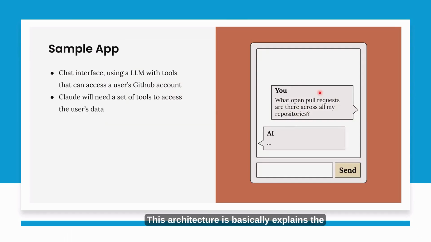Now let's take an example which explains the value, and let's try applying this MCP setup to a practical use case. Let's say you have a cloud-based application and you're building a chat interface where users can ask Claude or any other LLM based AI application like your ChatGPTs, etc. about their GitHub data, which requires Claude to access GitHub's API.